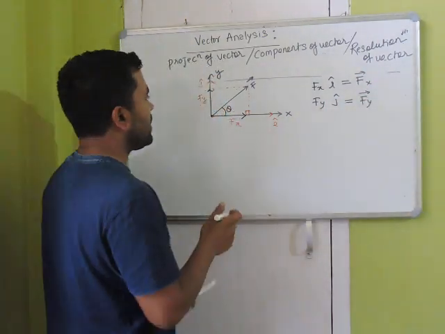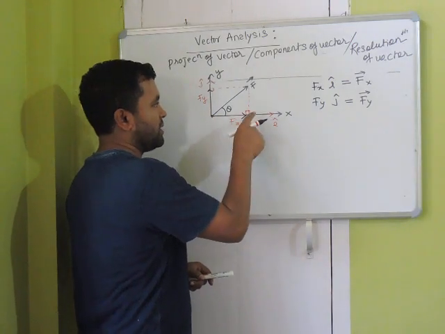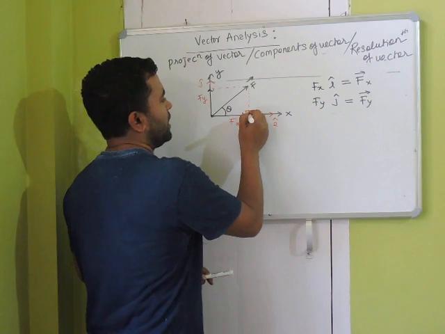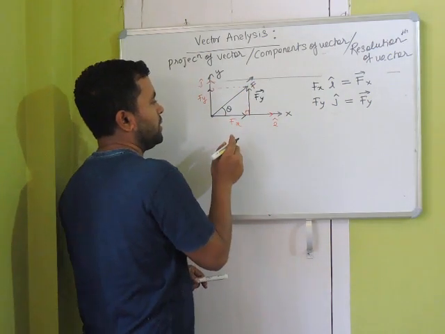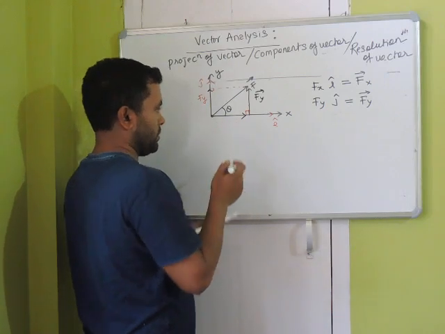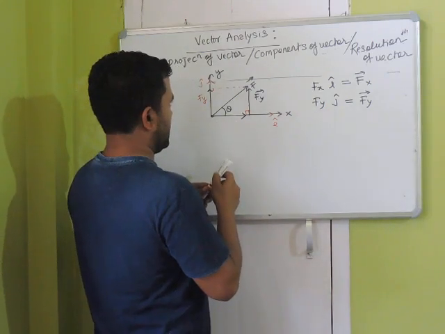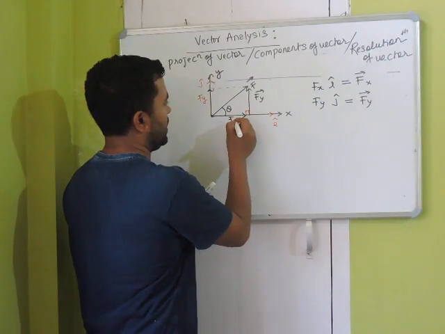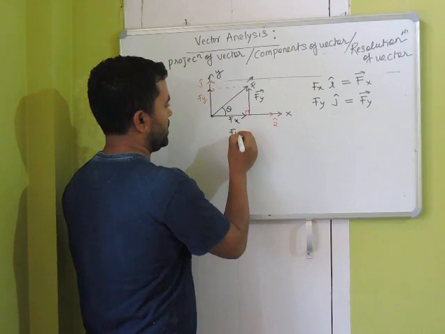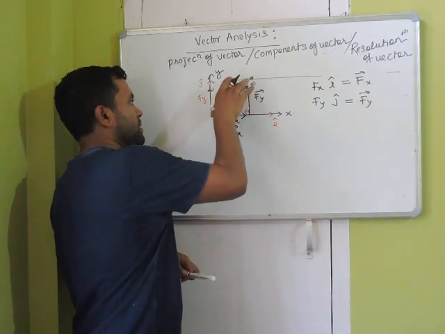Now using triangle law, if this is one vector Fx and this is one vector Fy, let us say, and this is magnitude Fx, vector is Fx vector, then you can see this is the resultant.